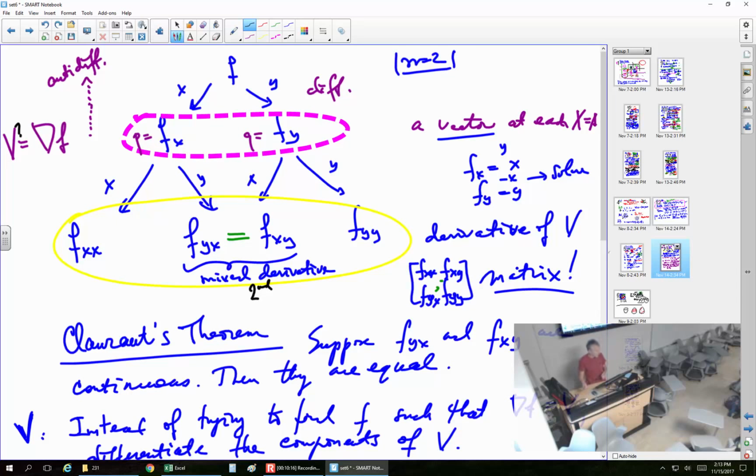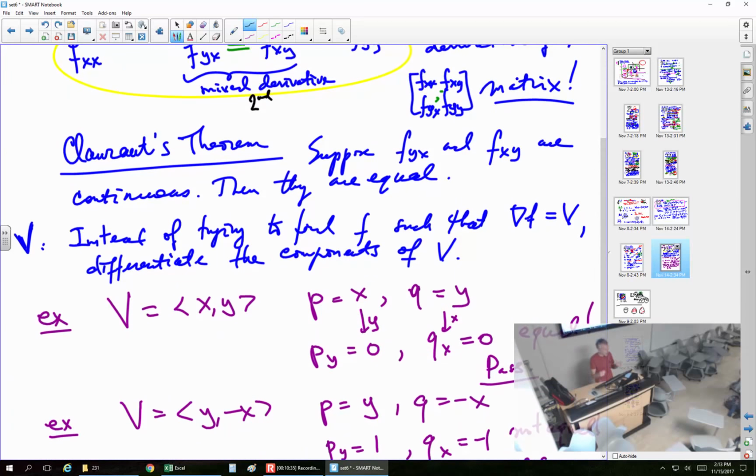We make the assumption that the vector field is the gradient of a function, which moves us up towards f. Then Clairaut's theorem takes us all the way down, and under this assumption the mixed derivatives have to match. If they do not match, our assumption was wrong.